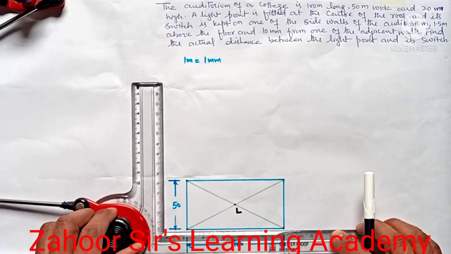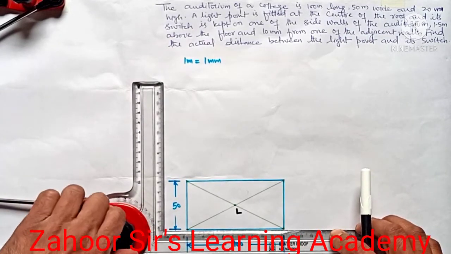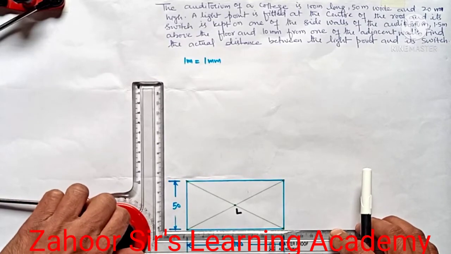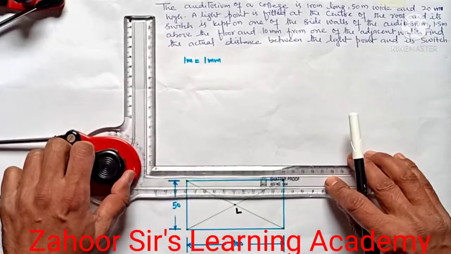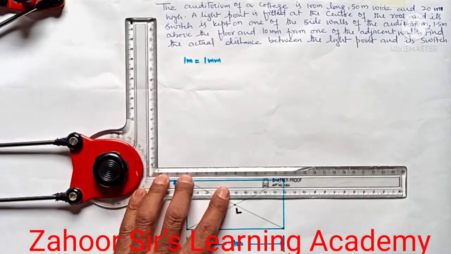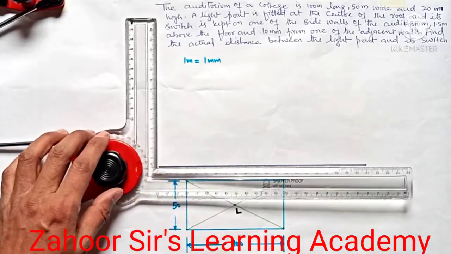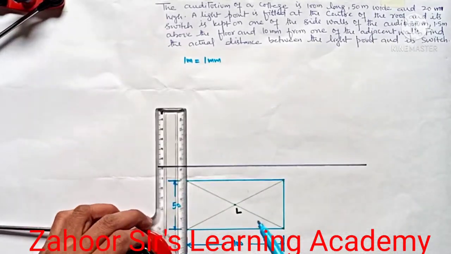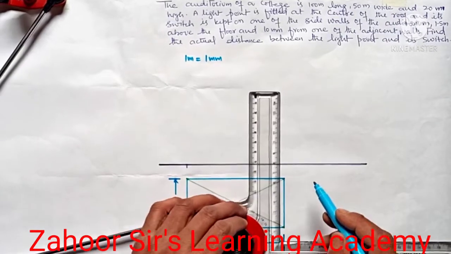Now with the given dimensions, I will draw the front view of the room. In front view, we can only see the two dimensions, that is the length and the height. Height is 20 meters. So let me draw the XY line first. So this is the XY line. And to draw the room, I'll bring these points up here.